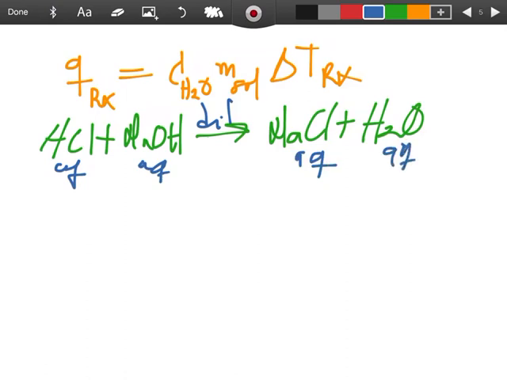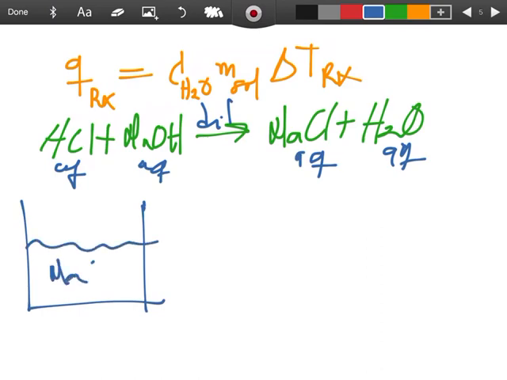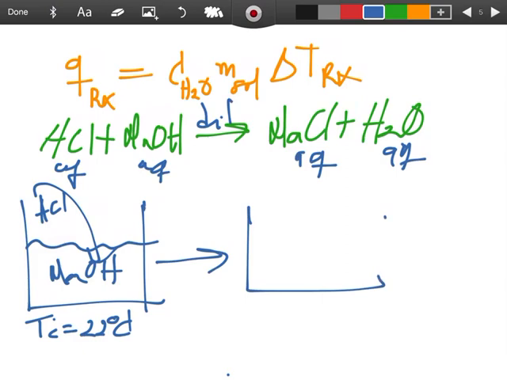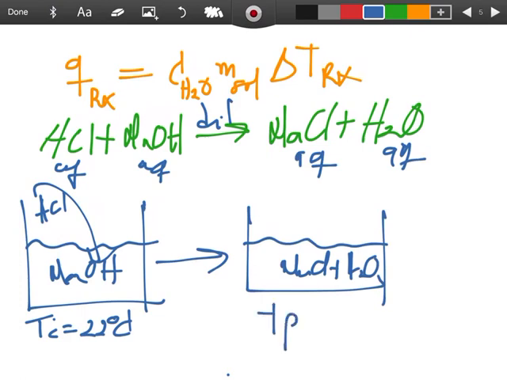Very well. So imagine that you have your reactor here. You're in the lab. You have NaOH, right? And you start with an initial temperature of 22 Celsius. Then you add HCl. The reaction happens, and what you have at the end is only NaCl plus H2O. And the final temperature for that is going to be, let's say, for example, 28.9, according to an exercise that I found in the book.